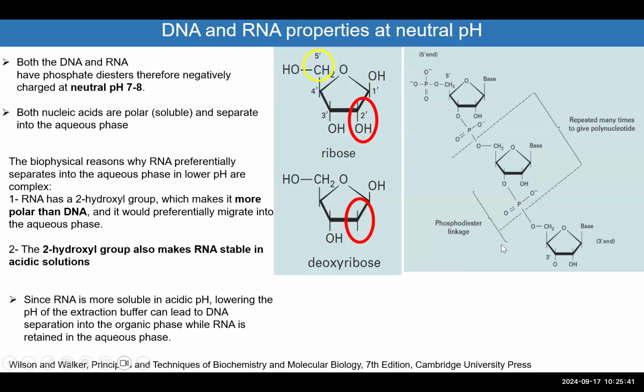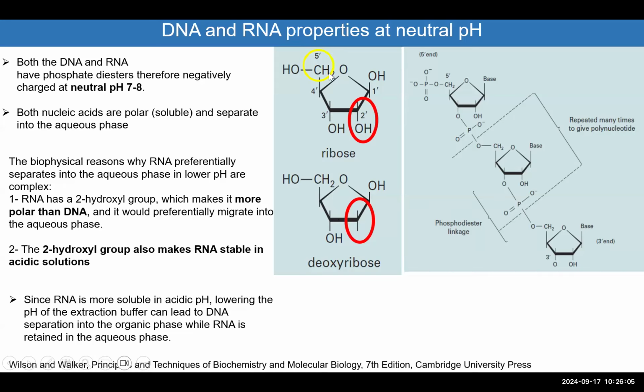So first, the biggest problem we have is that both DNA and RNA have similar structures. The RNA is mainly based on ribose as a sugar moiety, while the DNA uses deoxyribose as the sugar moiety.